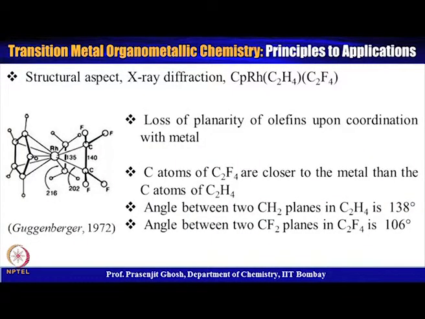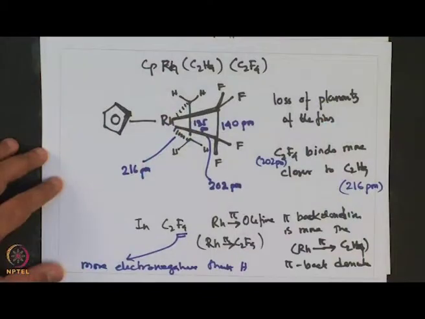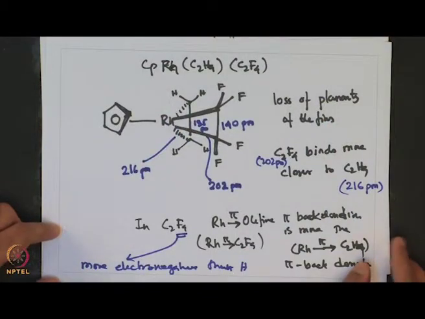And the next one is a very interesting example of rhodium, where the rhodium is bound to two olefins, one electron rich, another electron poor, and what we saw is that the electron poor olefin competes for the electron density because of the electronegativity of fluorine substituents. It grabs more electron density in the form of metal to ligand pi back donation, and as a result it is more tightly held by the metal, and also it is reflected in the CC bond length, which has more single bond character.